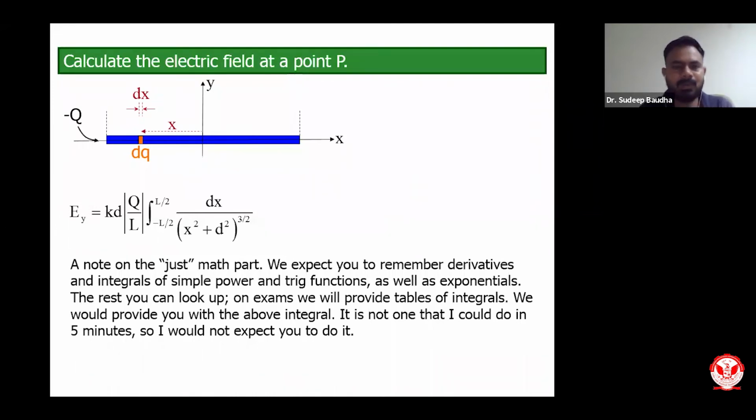So that I'm not going to teach over here. I hope you know how to integrate things. So this is the electric field generated at a point P because of a bar, because of a line which has a uniform charge distribution of minus Q.